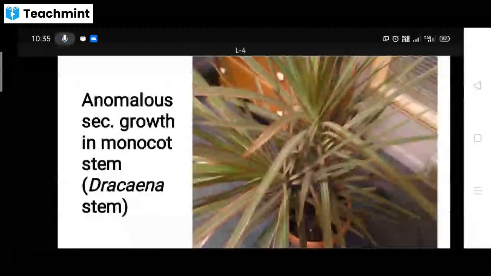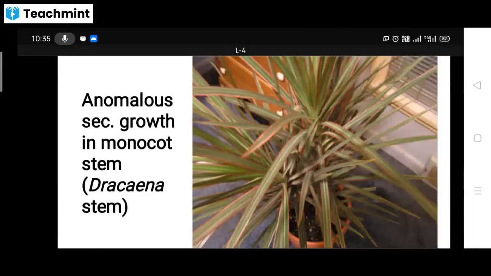So today we discuss the anomalous secondary growth in monocot stem. In monocot stem, the example is the Dracaena stem.